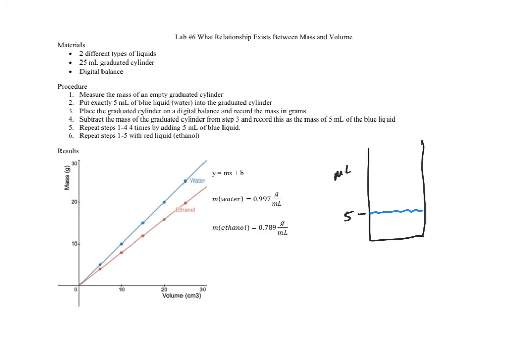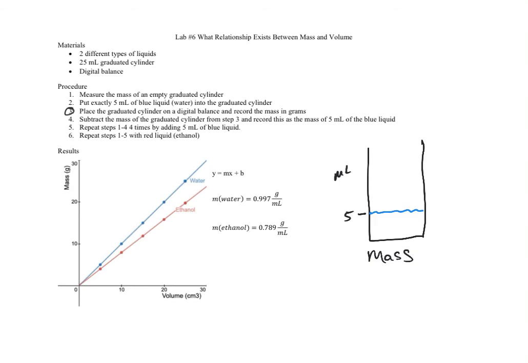I then put that on a balance and measured the mass. Step number 3, I measured the mass. I then subtracted the mass of the graduated cylinder from step 3 and recorded this as the mass of the actual water that was in there.